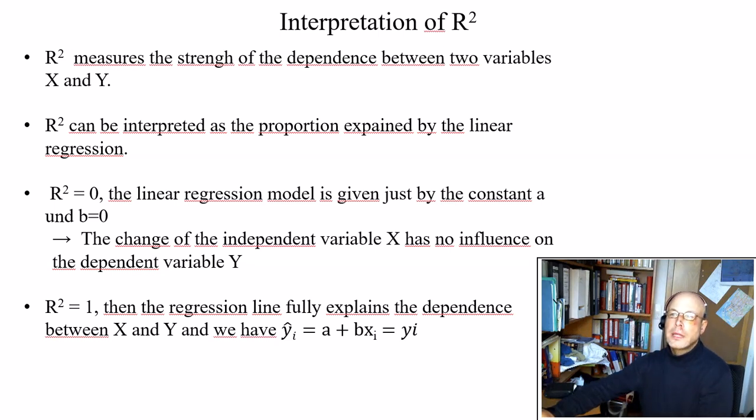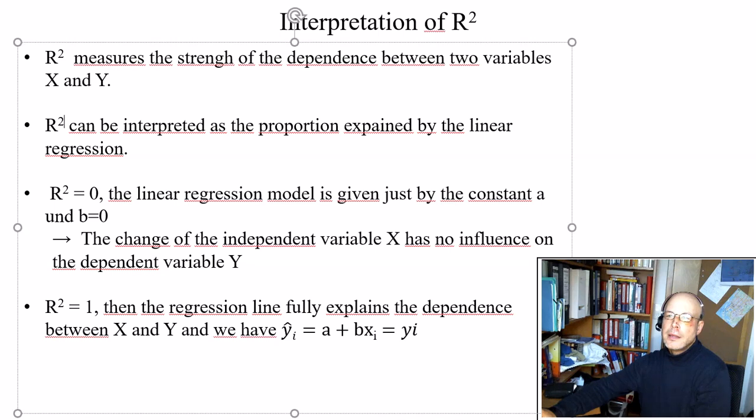Yeah, and this as a summary is the interpretation of our coefficient of determination. This is a measure for the strength of the dependence, so to speak. How good is our linear fit? With r squared is 0, we have no dependence, and with r squared is 1, we are lying with all our data points just on our line, so we are explaining, it is said here then, 100%.